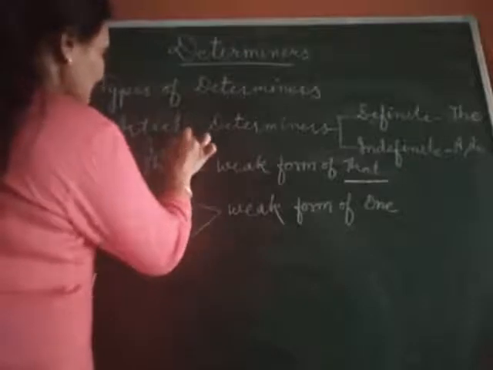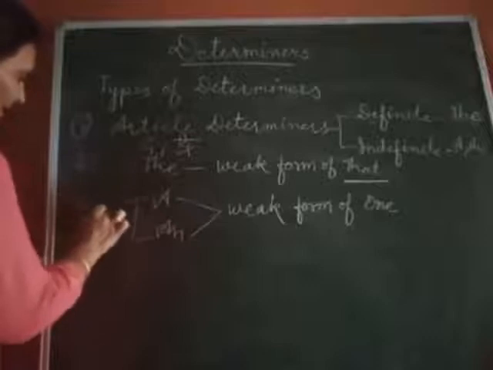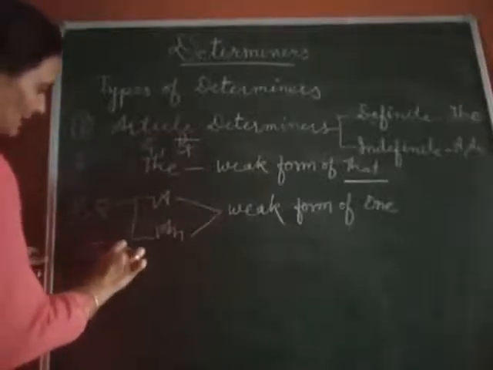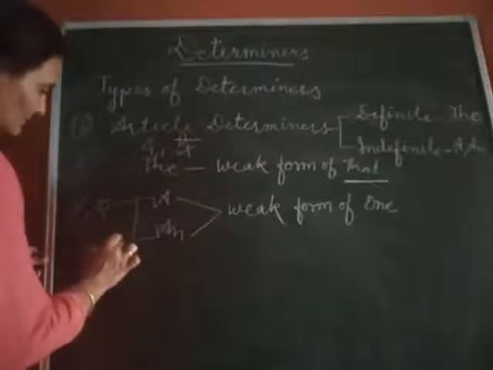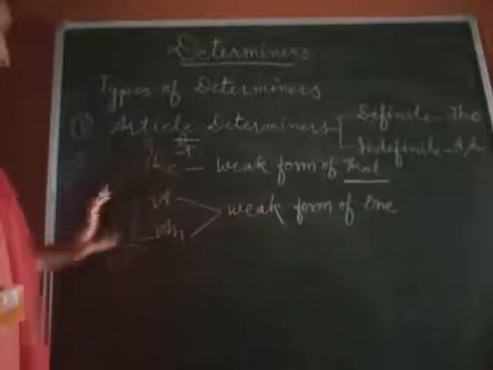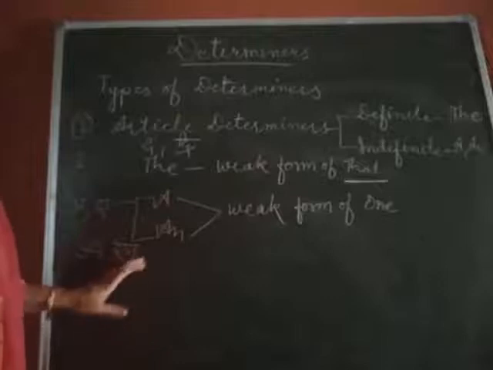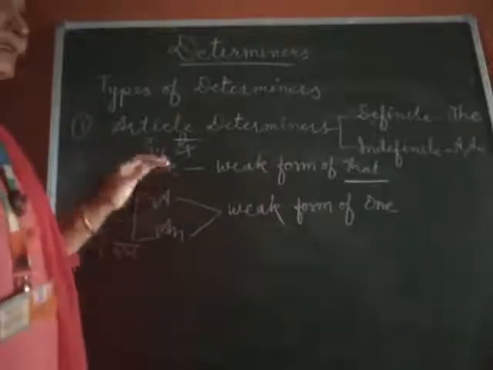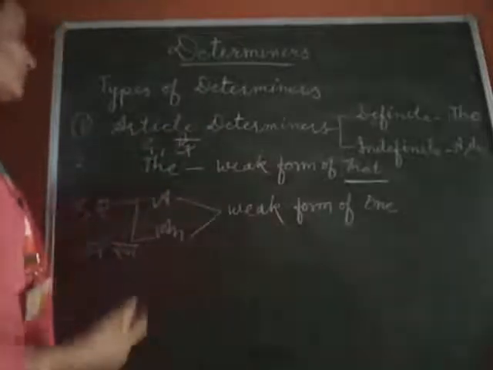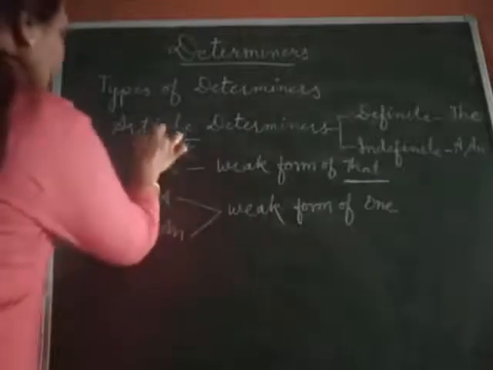We usually use the weak form or weak pronunciation, which means these are pronounced in two ways. The is pronounced as thuh and thee, a is pronounced as uh and ay, an as un and an. Like this they are pronounced.